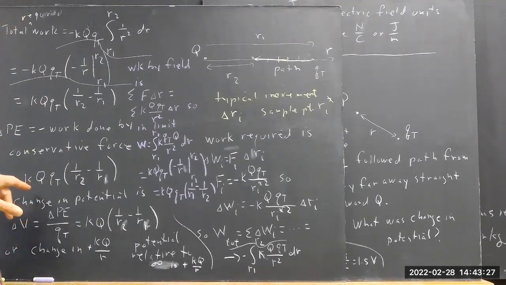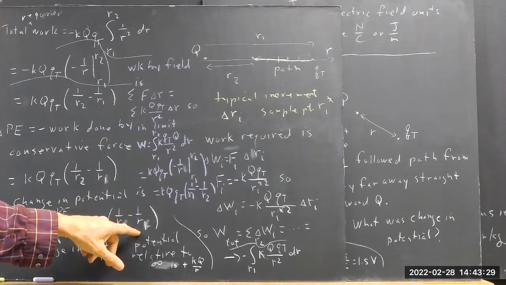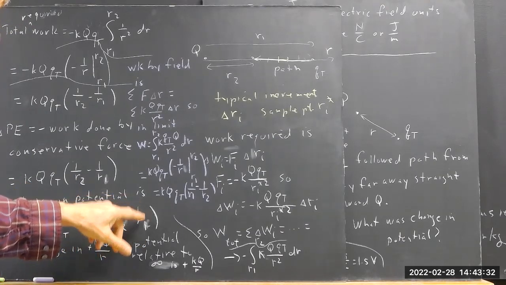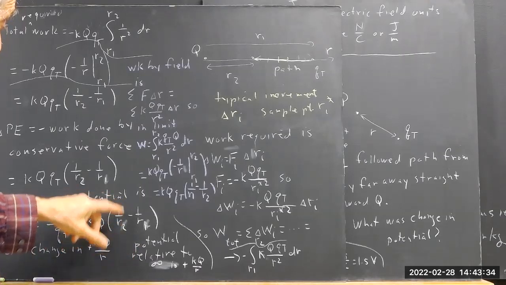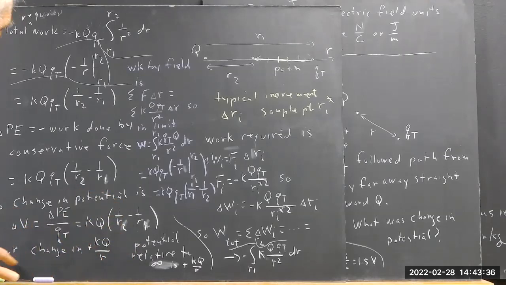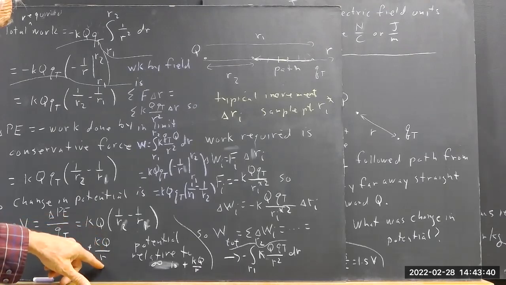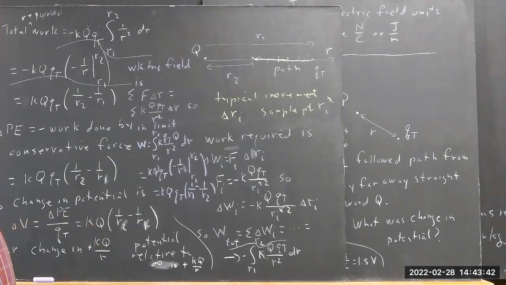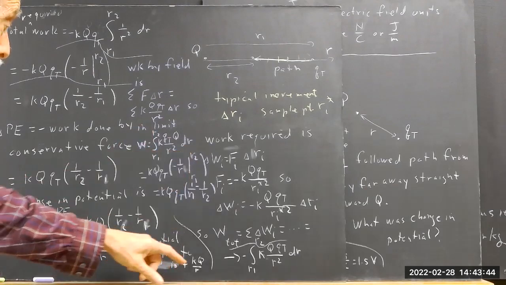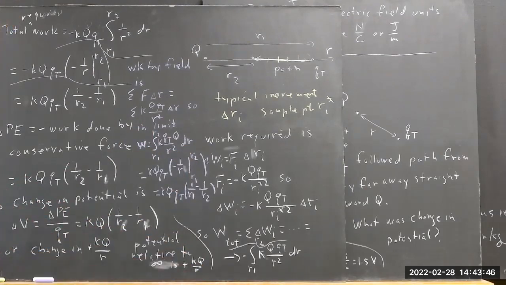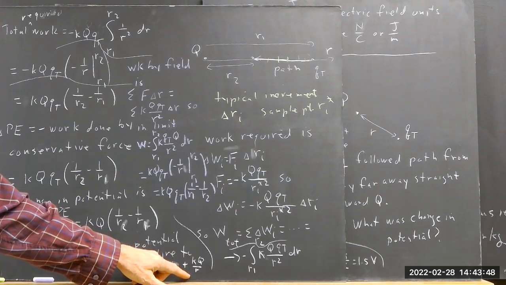And the change in potential would be that. If R1 is very large, so that 1 over R1 is essentially zero, you get 1 over R2. So this represents the change in KQ over R. And potential relative to infinity is just KQ over R if you're at distance R.